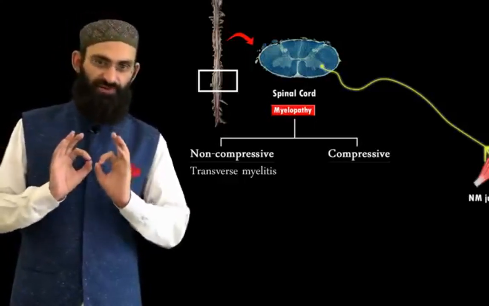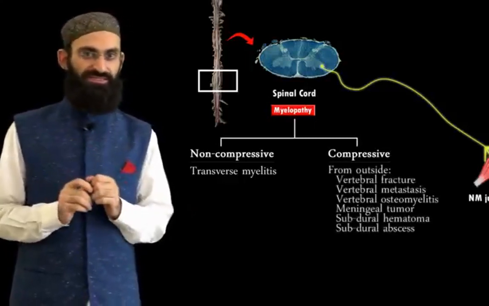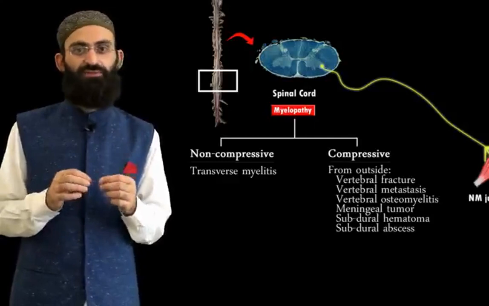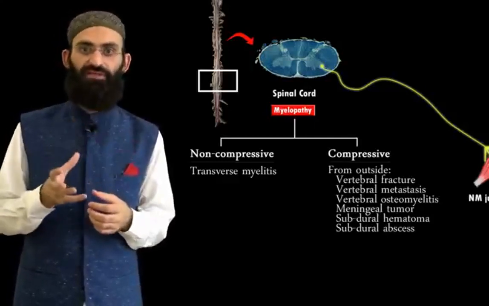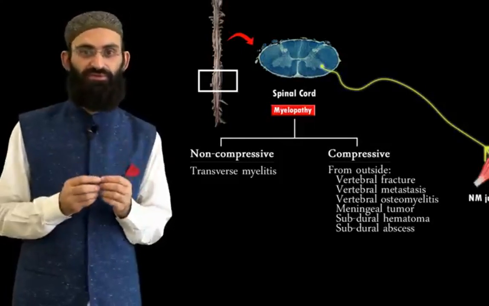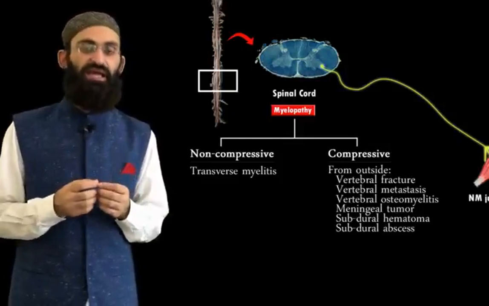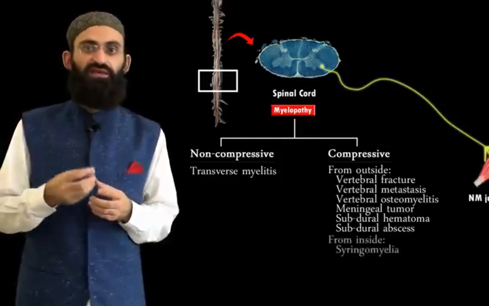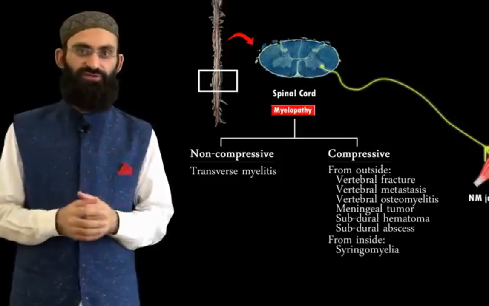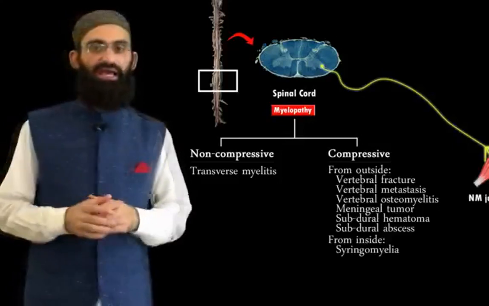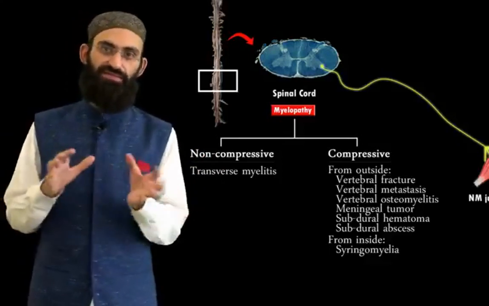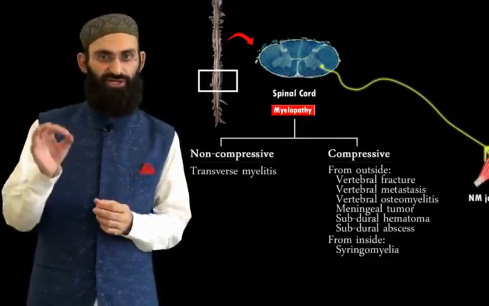Examples of compression from outside include a number of vertebral diseases like vertebral compression fractures, vertebral metastasis, vertebral osteomyelitis, a tumor from the meninges that is compressing the spinal cord, a subdural hematoma or subdural abscess, and then compression can be from within, for example in case of syringomyelia where there is cavity formation causing compression of different tracts in the spinal cord. And this concludes the discussion of paraplegia, and now we will take the examples of hemiplegia and try to localize the lesion.